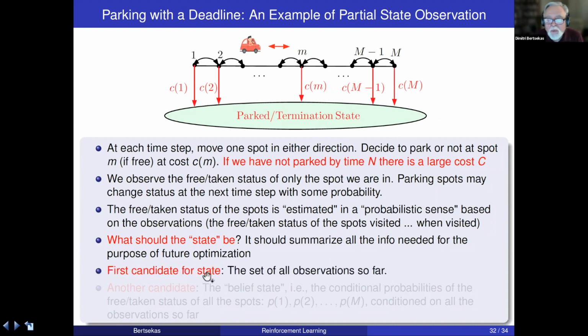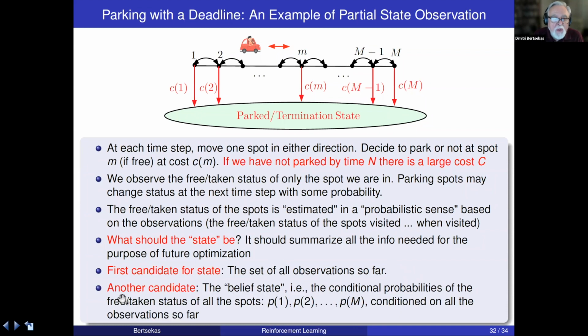It's also possible to use a different state, which is the set of all observations so far, the list of the status of all the parking spaces that he has visited and the time that this has happened. On the other hand, this state can expand over time, and for a large number of steps, it can become hard to deal with.